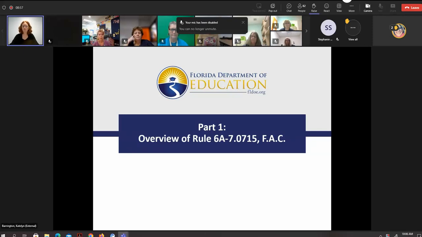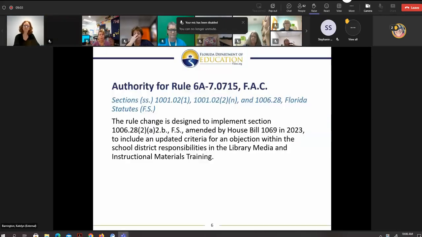We're going to go over an overview of Rule 6A-7.0715, Florida Administrative Code. First, looking at the authority for Rule 6A-7.0715, Sections 1001.02(1), 1001.02(2)(n), and Section 1006.28 of the Florida Statutes give the authority to amend Rule 6A-7.0715.